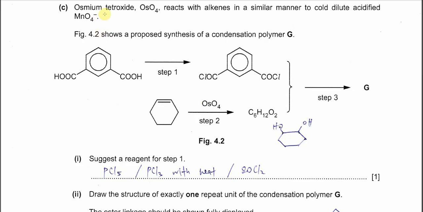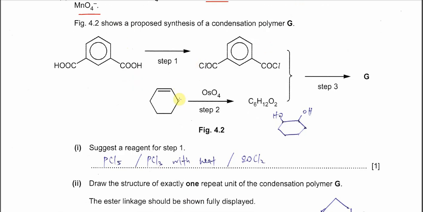Part C. Osmium tetroxide reacts with alkenes in a similar manner to cold dilute acidified KMnO4, or permanganate ion. Figure 4.2 shows a proposed synthesis of condensation polymer G. It starts with this dicarboxylic acid, which undergoes step 1 to form this diacyl chloride.